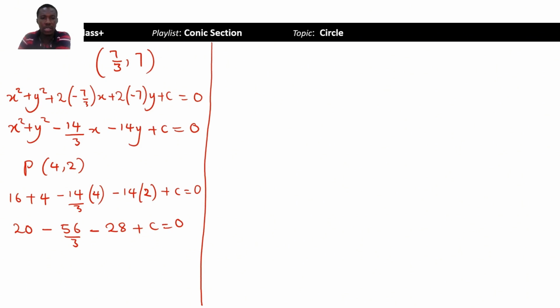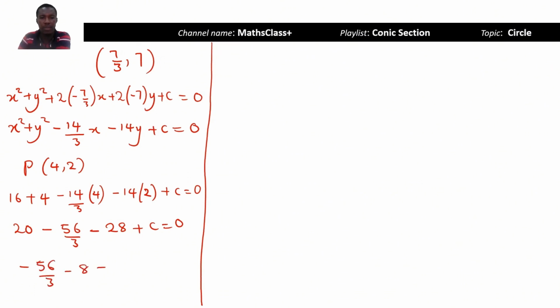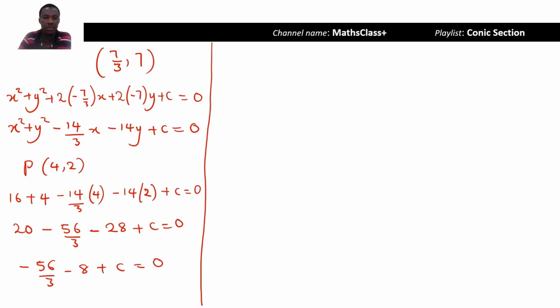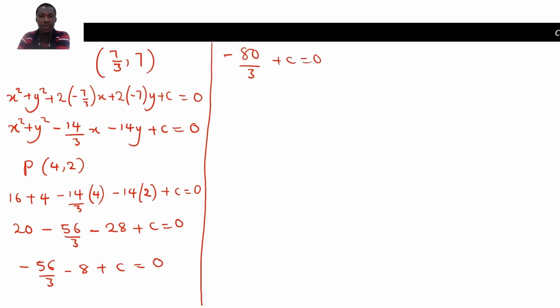Now 20 and 28 will become negative 8. So minus 56/3 minus 8 plus c equals 0. Now when I add the two, I will get negative 80/3 plus c equals 0, and that means c = 80/3.